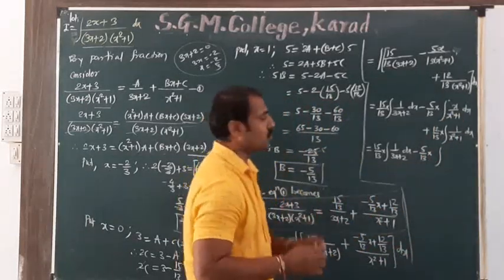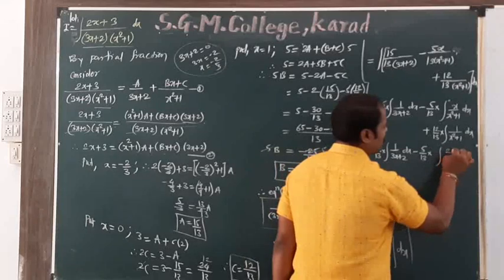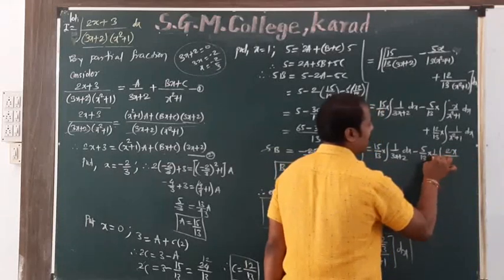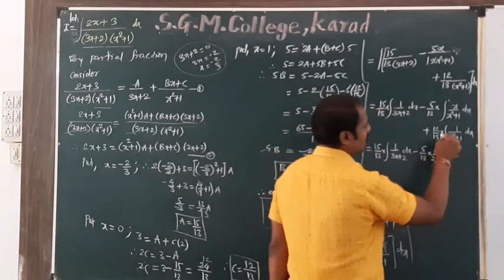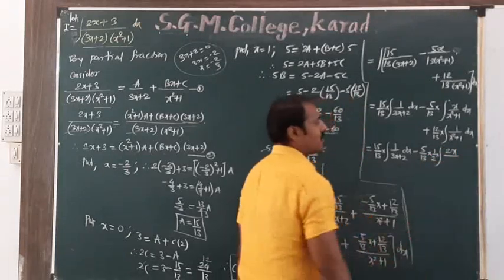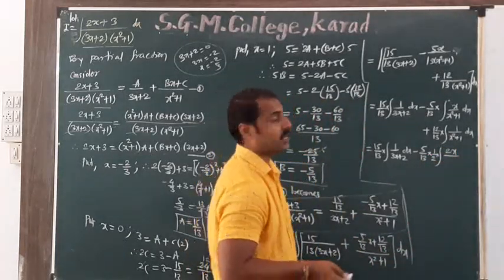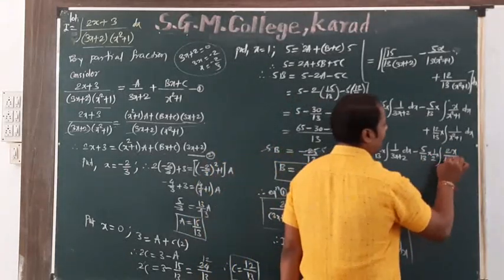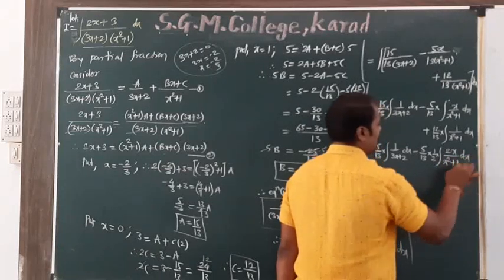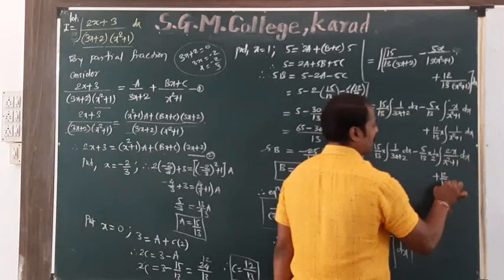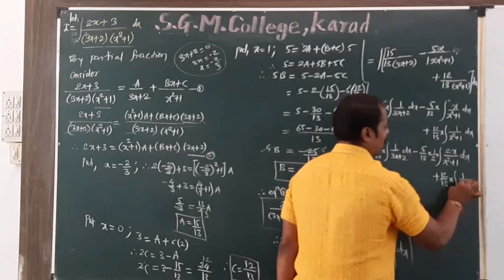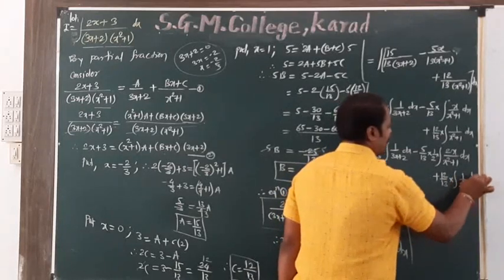So we multiply by 2 and divide by 2. So it becomes 5 divided by 13 into 1 upon 2 into the integration of 2x divided by x square plus 1 dx, plus 12 divided by 13 into the integration of 1 upon x square plus 1 dx.